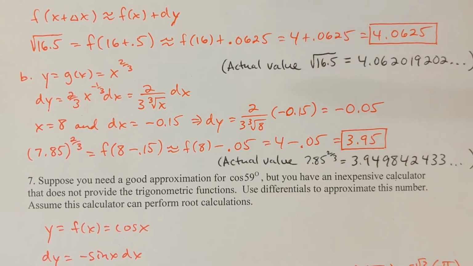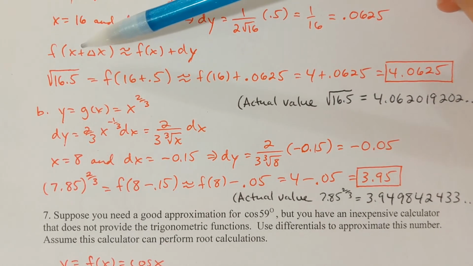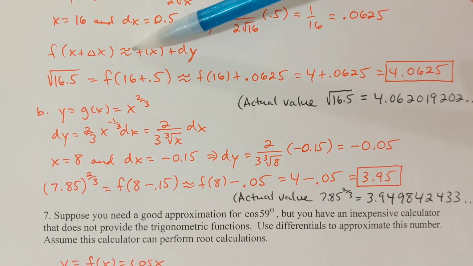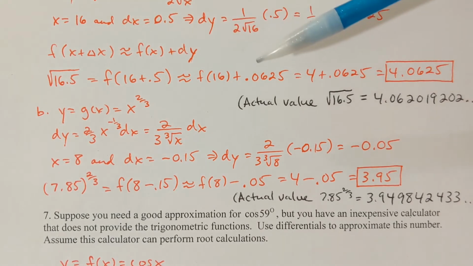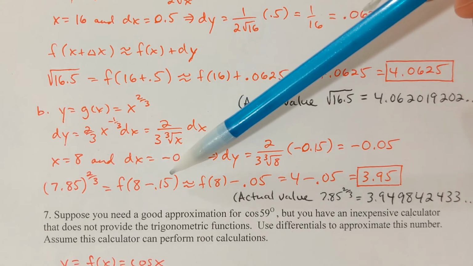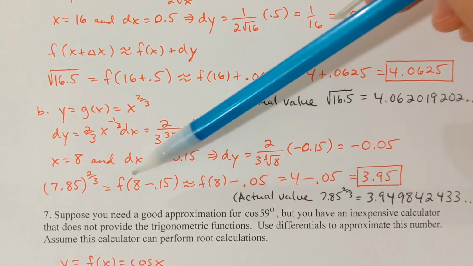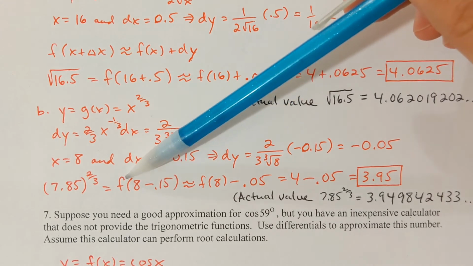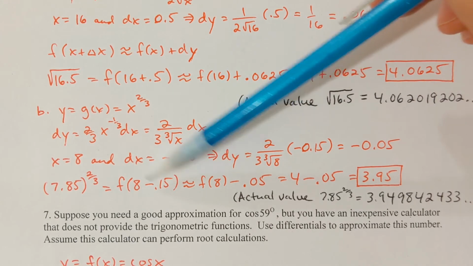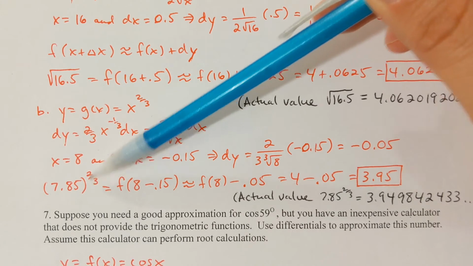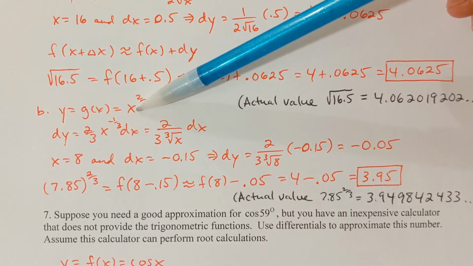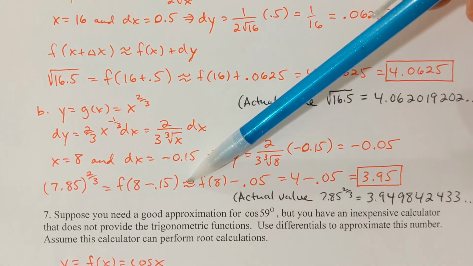All right, now I'm using this formula: f of x plus delta x is approximately f of x plus dy. x is 8, delta x is negative 0.15. 8 minus 0.15 is 7.85. f of 7.85 is 7.85 to the 2/3 power, if I plug that number in here, and that's what I'd like to approximate.